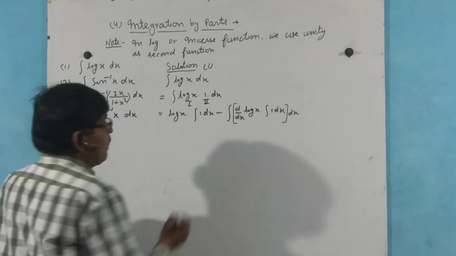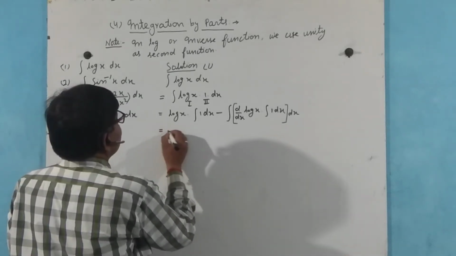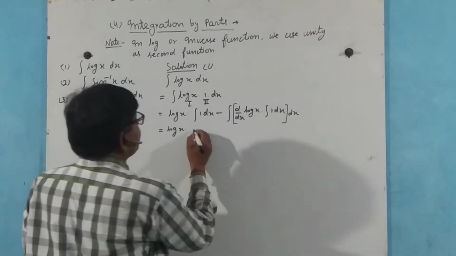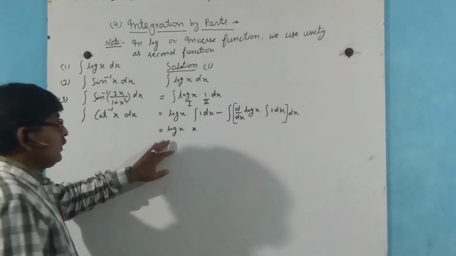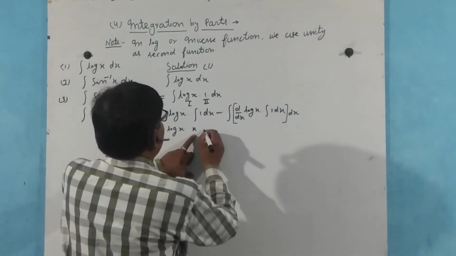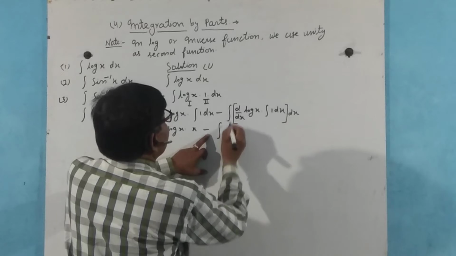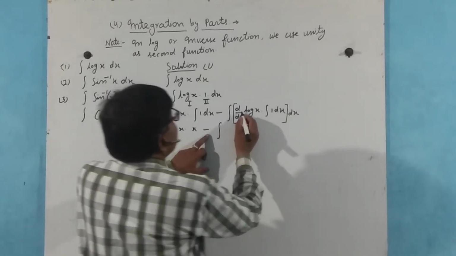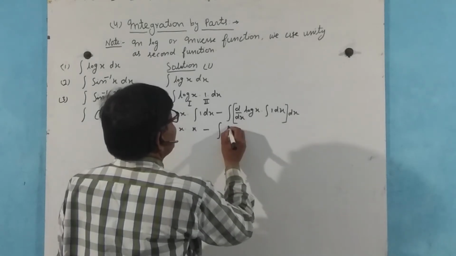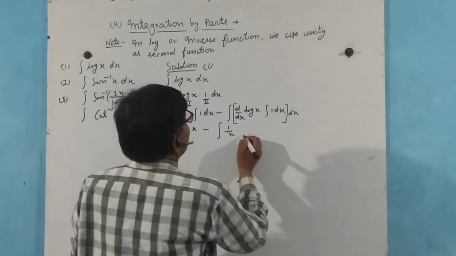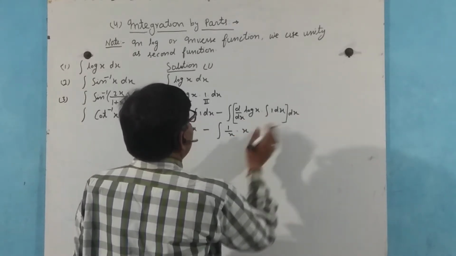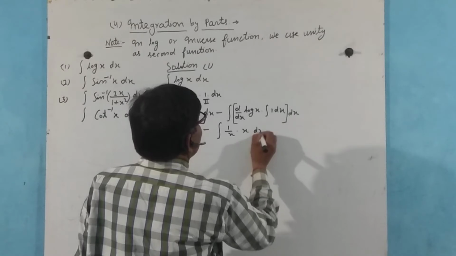Now log x, and the integration of 1 is equal to x. So we have log x and integration of 1 dx is x, minus integration of d by dx log x, the differentiation of this, which is 1 by x, and integration of 1 dx is x, whole integration dx.